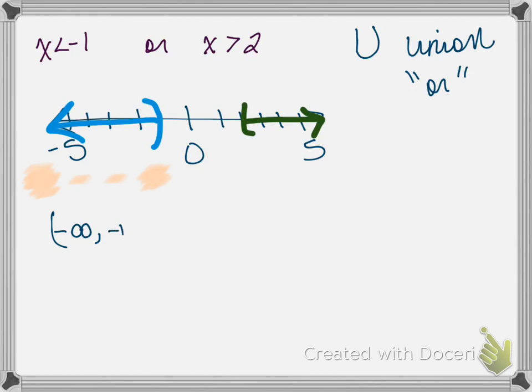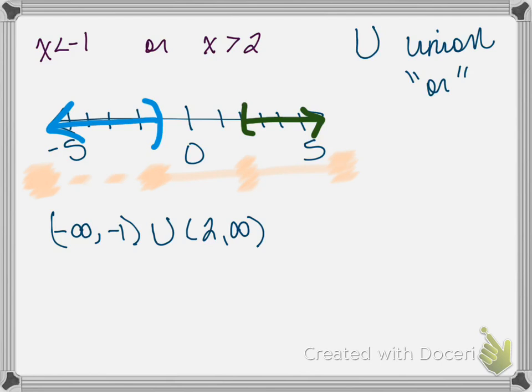Negative 1. Then I have a union. Students aren't always sure what to do with that union. And I don't start again until I get right here. What's this? 2. And I go all the way to what? Positive infinity. And that's my final answer.